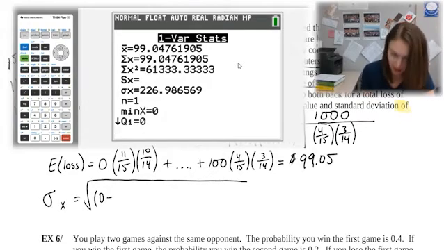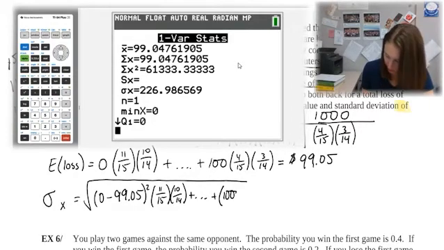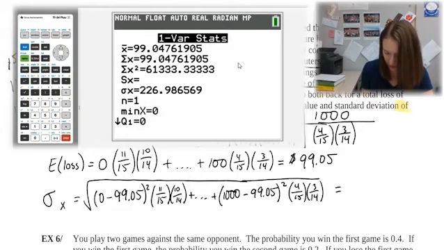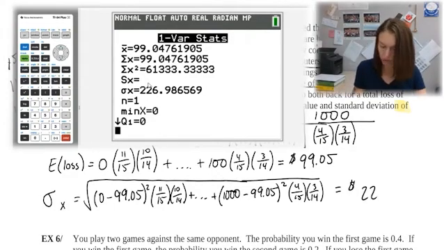So 0 minus our expected value, 99.05 squared times 11 over 15 times 10 over 14 plus ... And then the last one, we have 1,000 minus 99.05 squared times 4 over 15 times 3 over 14. I don't have to plug that in because I can see it in my calculator here. I have a standard deviation of $226.99.